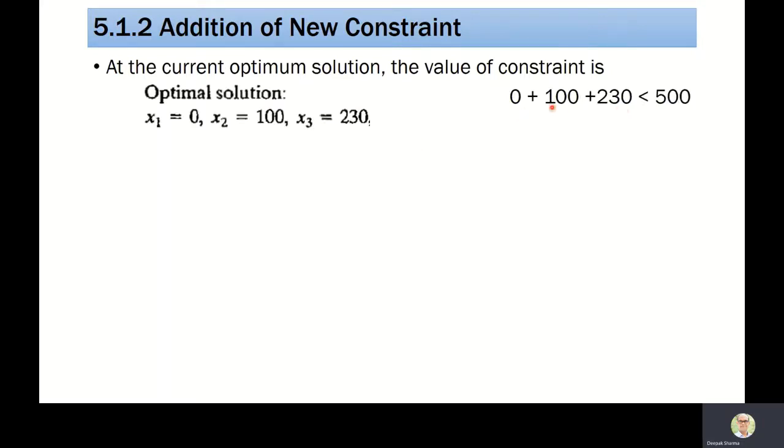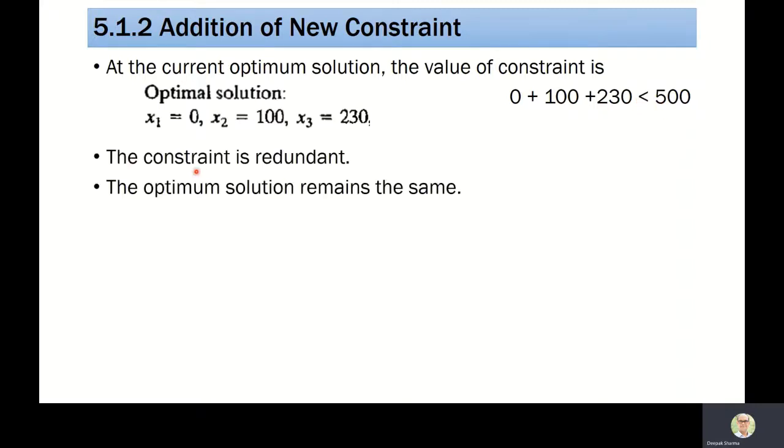If we put in the values, the left hand side is 330, which is less than 500. So the constraint is redundant, and the optimum solution will remain the same for the current change.